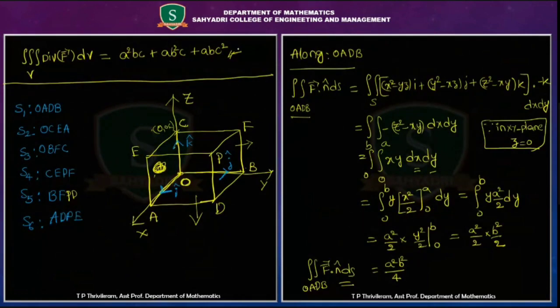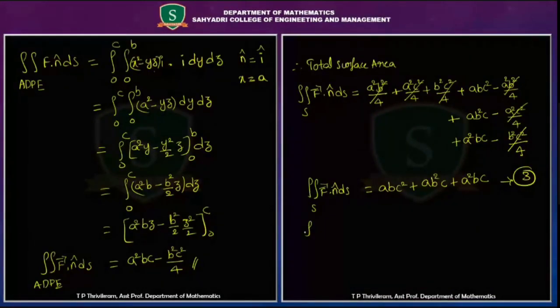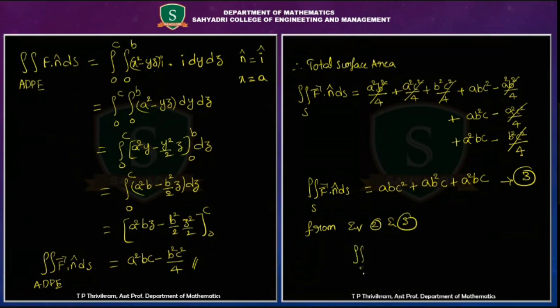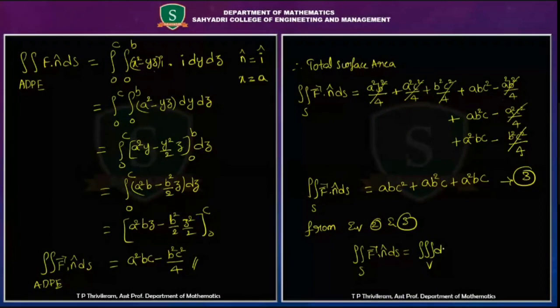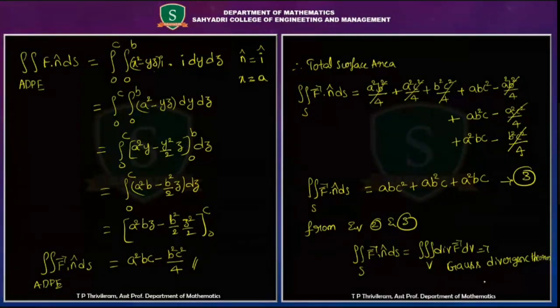Take this as equation 2. Okay. So from equations 2 and 3, the surface integral over S of f dot n cap ds is equal to the triple integral over V of divergence f dv. Okay, which implies the Gauss divergence theorem is verified.